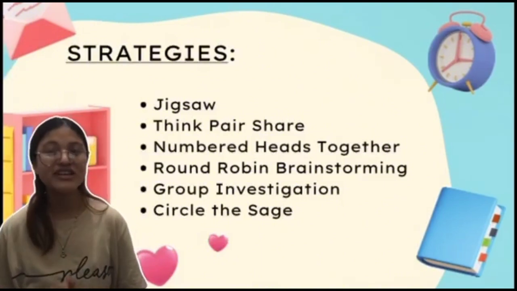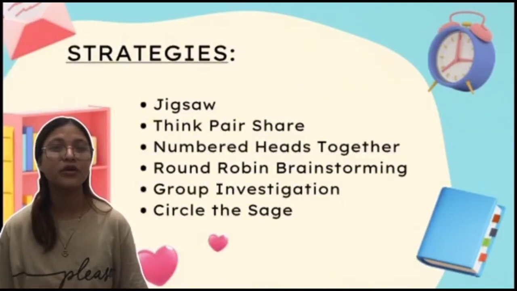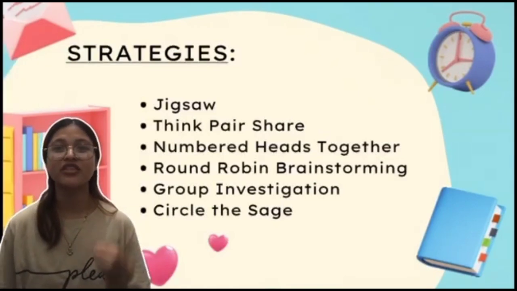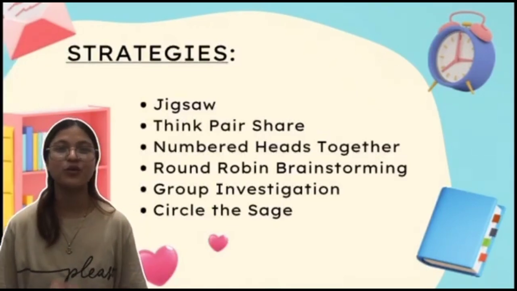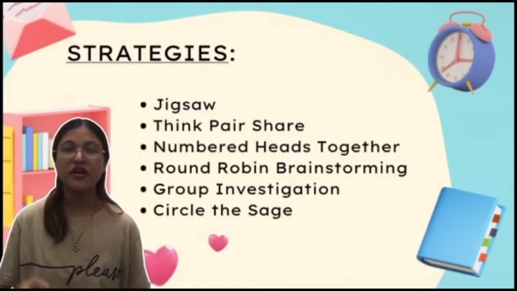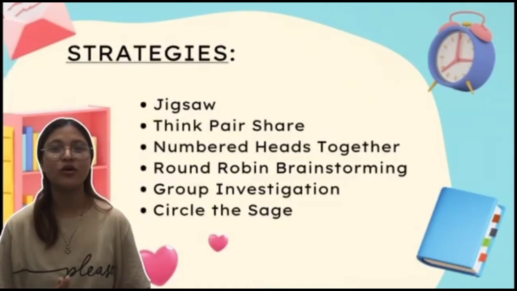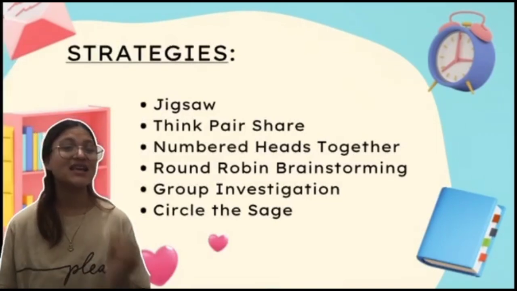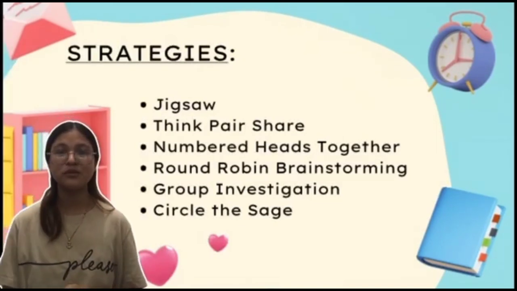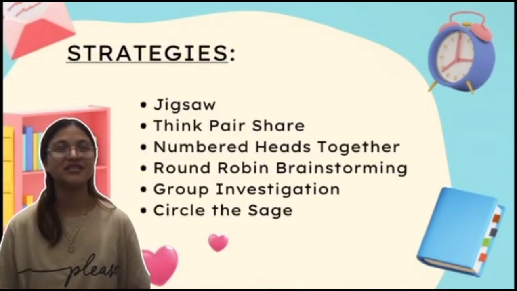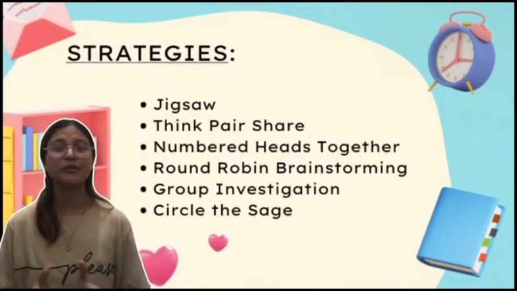Then the teacher randomly calls a number, and whoever's number is called will go to the front and share their group answer with the class. This method fosters participation for all the members, develops communication skills, and ensures accountability as every student must be prepared to contribute.